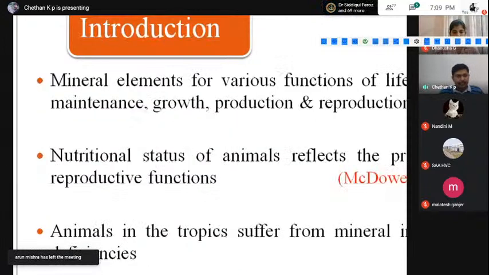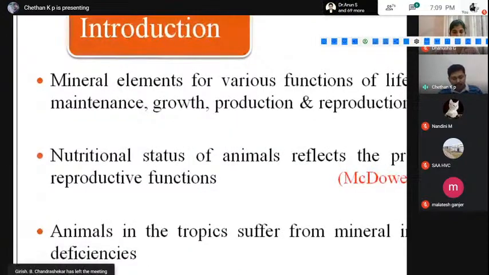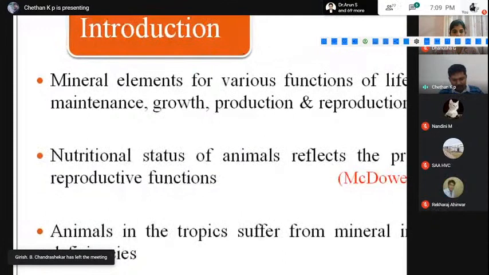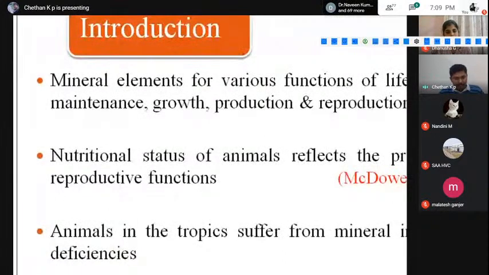Coming to the introduction, I think we all know that feeding adequate amounts of balanced diets to the animals is one of the important factors for maintenance of good health and optimum production. In that sense, the minerals play major roles. They're required for various functions in the life process, like maintenance, growth, production, and reproduction.